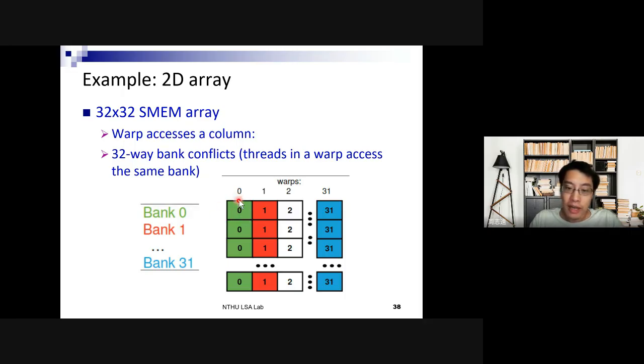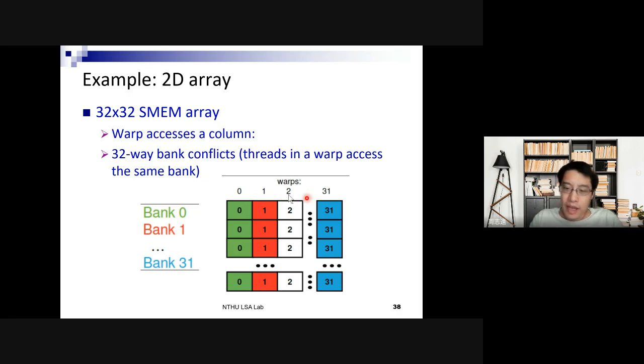As you remember, the data in shared memory is linearized in a row-major fashion. So the first element of the first row will be stored on bank 0, and then the second column of the first row will be stored on bank 1, and so on.